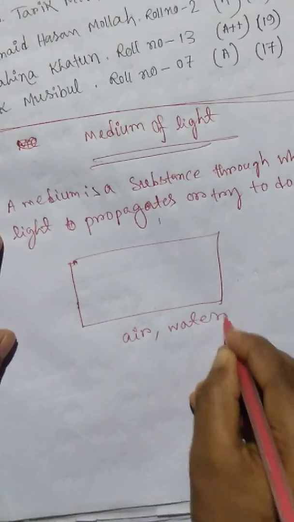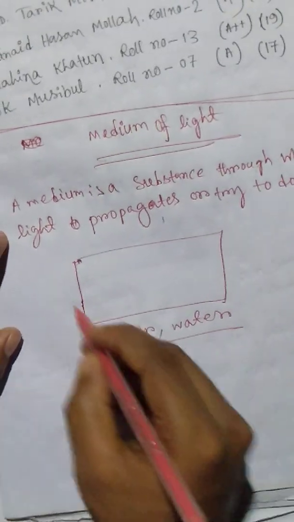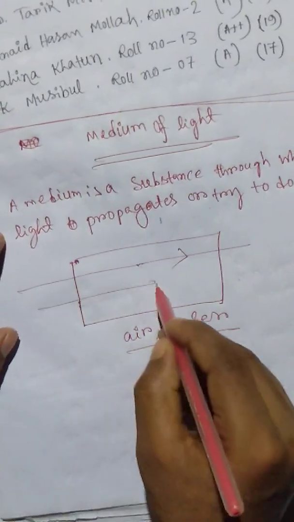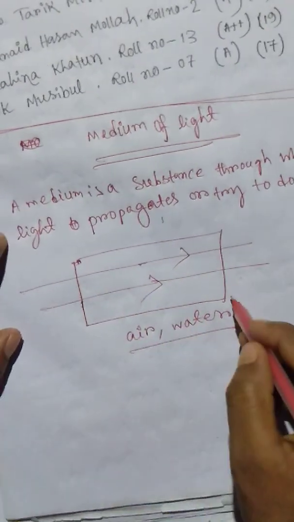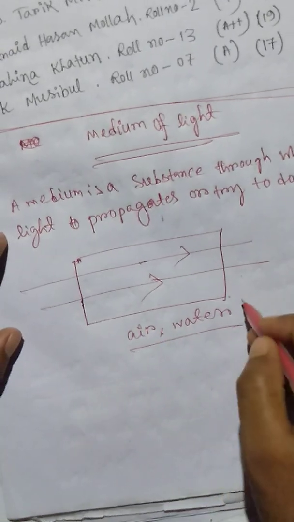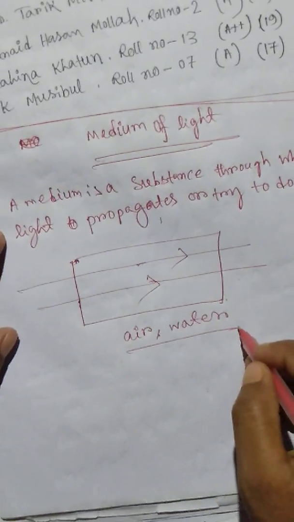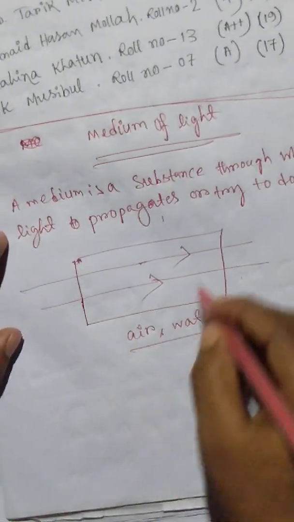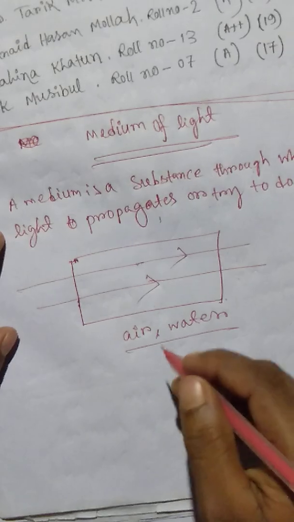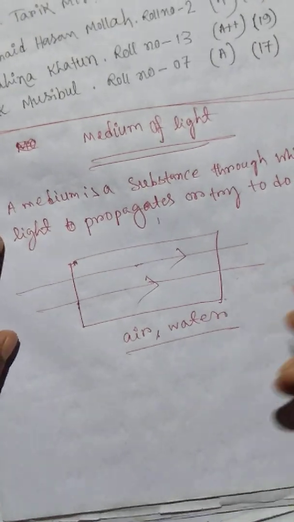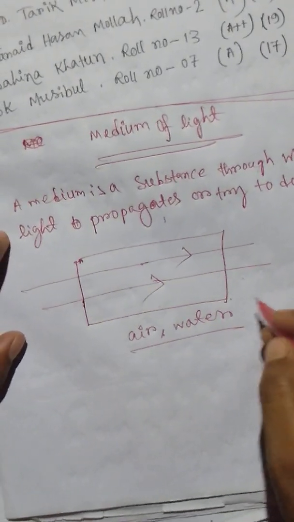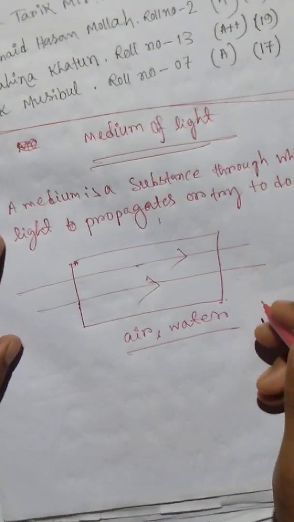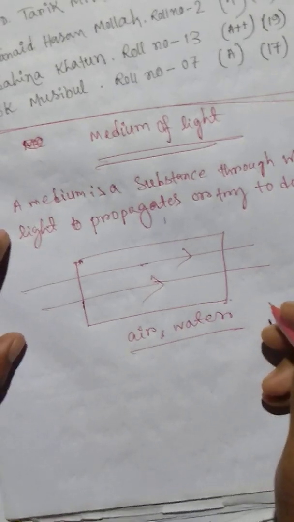If light rays propagate through this substance, then this air or water is called the medium of light.